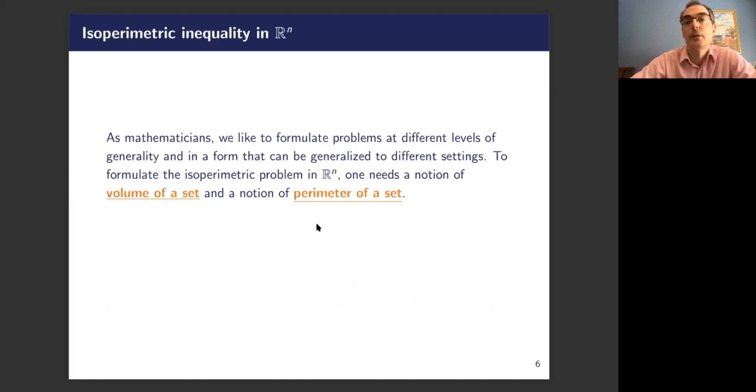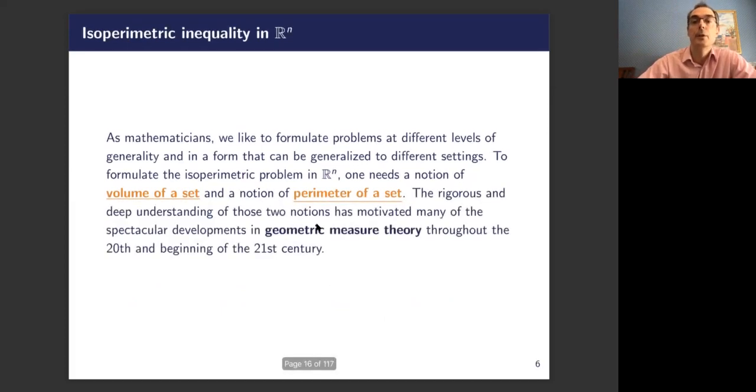The first notion is a notion of a volume of a set, and the second notion is the notion of perimeter. So these two fundamental notions have been at the source of most of the spectacular development in geometric measure theory, and was developed throughout the 20th and the beginning of the 21st century.